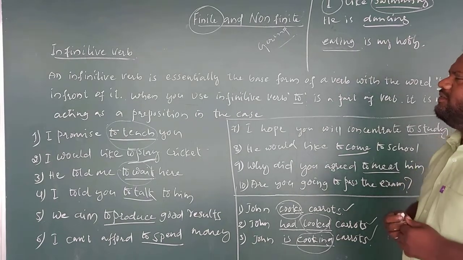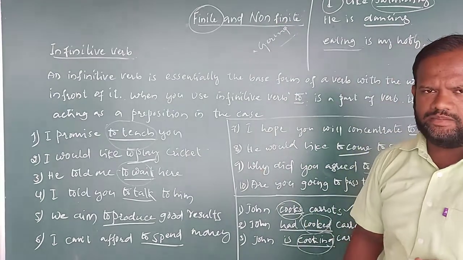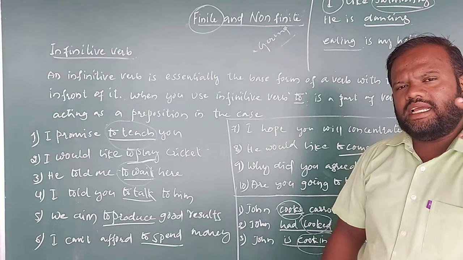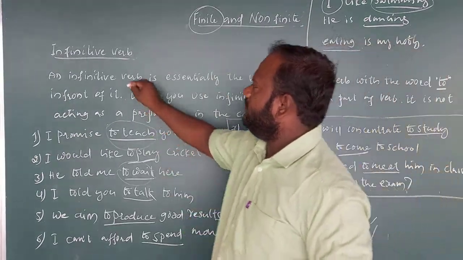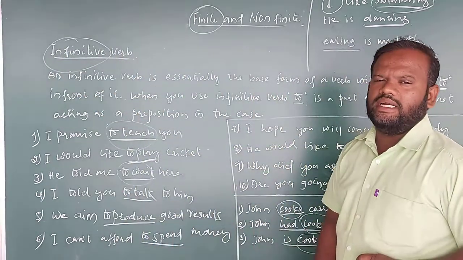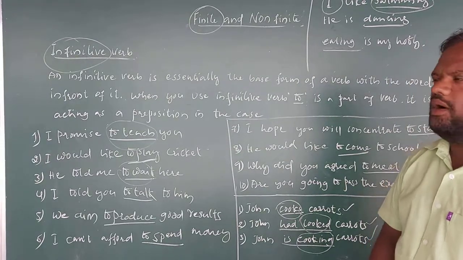In today's class we are going to concentrate on the second type of non-finite. The first type of non-finite is the gerund. The second type of non-finite verb is the infinitive. So let's focus on the definition of the infinitive verb.